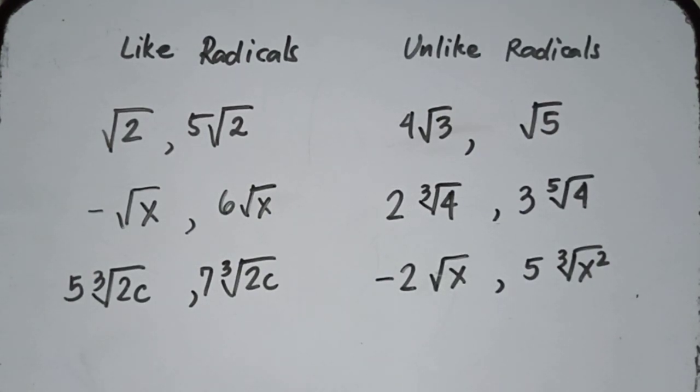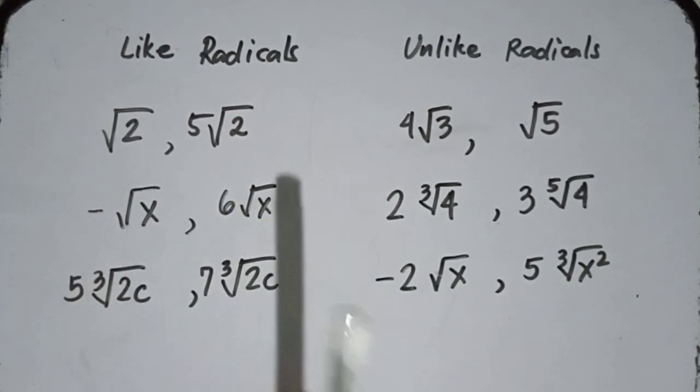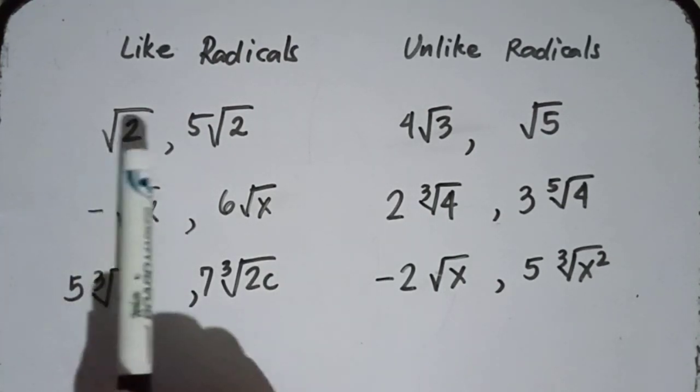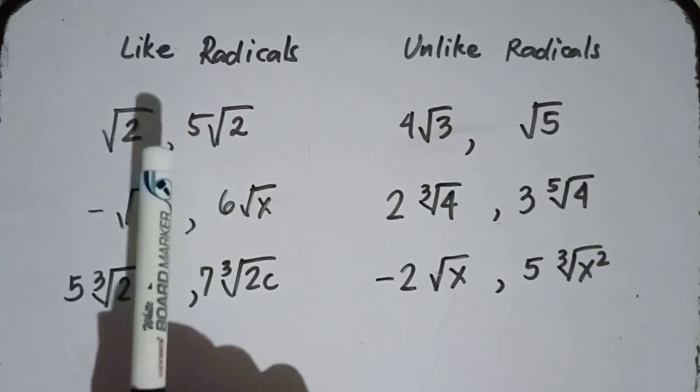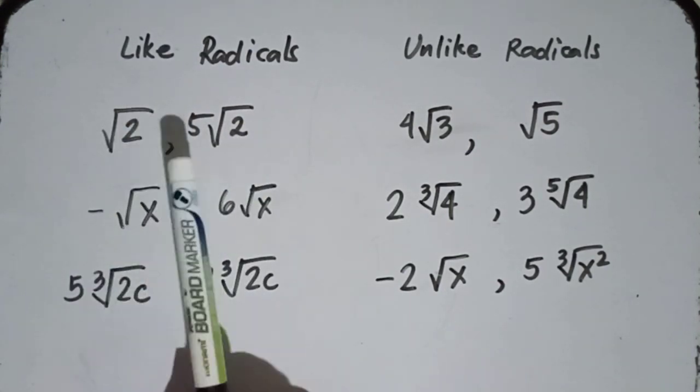Okay? Katulad nung sa pag-add ng algebraic expressions, yung similar terms or like terms lang ang pwedeng makombine sa iisang term. Sa like radicals din, pwede lang sila mag-combine sa iisang radical. Kagaya nito. So, yung square root of 2 tsaka 5 times square root of 2, pwede silang i-combine sa iisang radical.